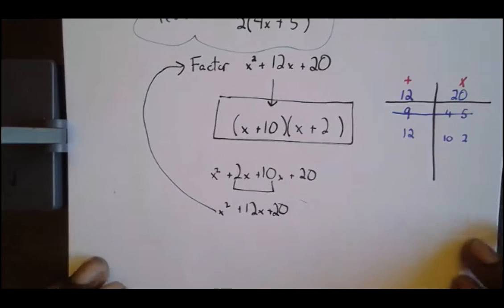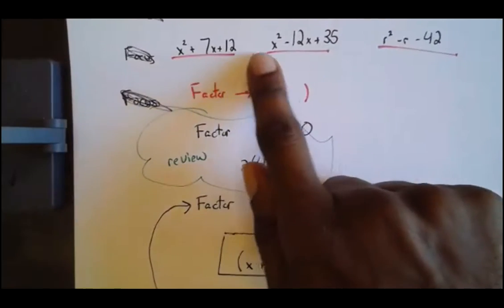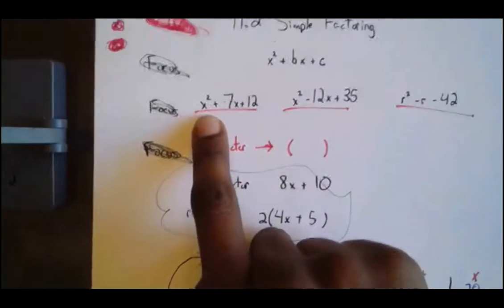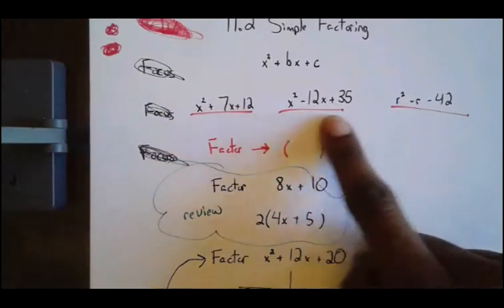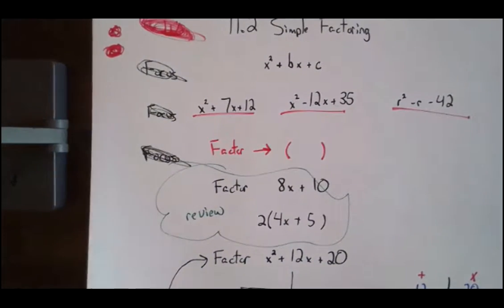Okay, let's try some examples. I'm going to go through these first. So example 1 will be this. This will be example 2. This will be 3, and then I'll add some more as we get better and better at them. So the next one.